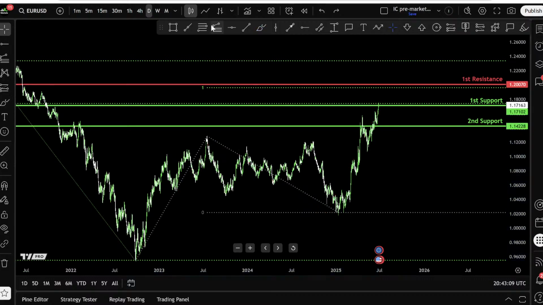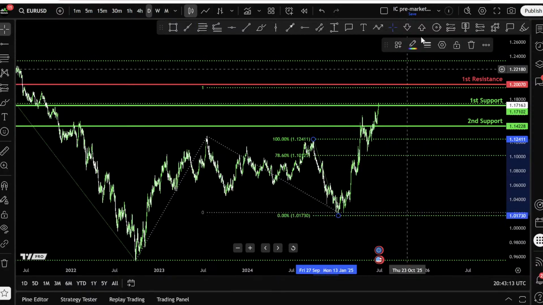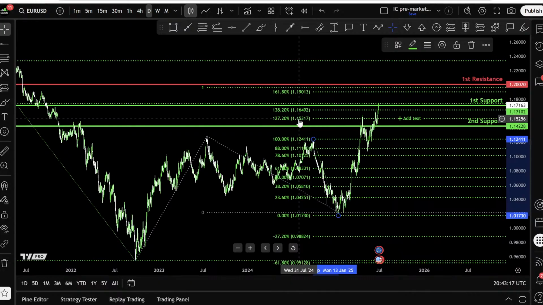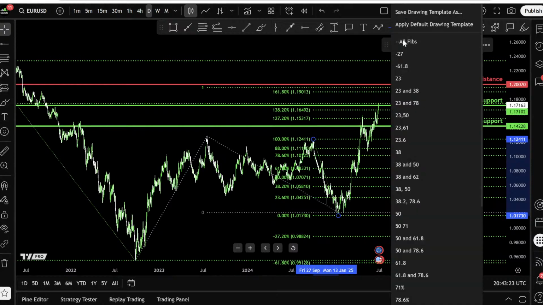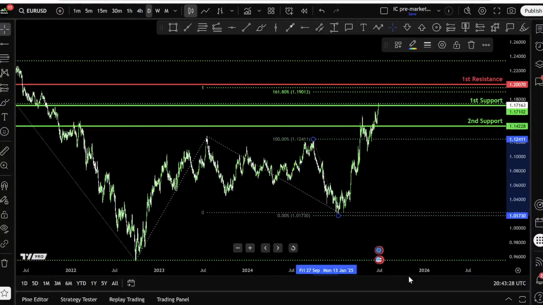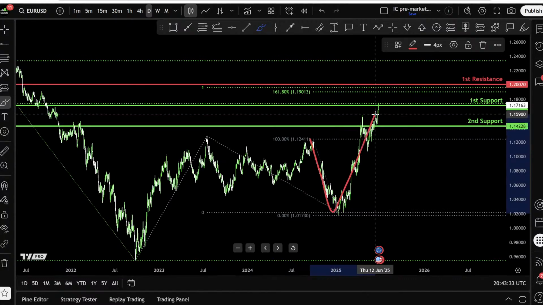Okay, and then I'm going in with our Nike tick again. You can see a really nice Nike tick shape here. So you can see price has recently broken out of the 127 and 138. So I'm going to stick to our 161. Okay, the Nike tick is here.